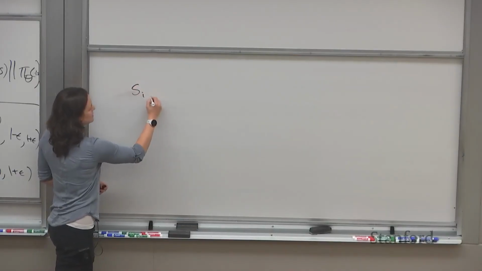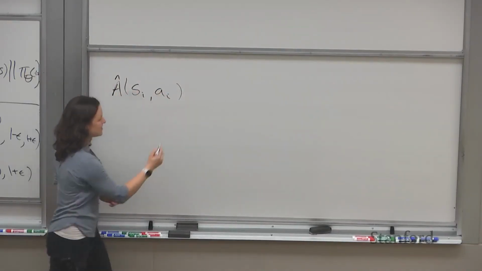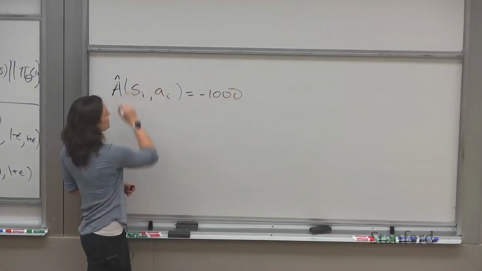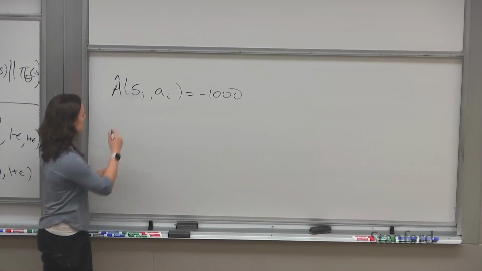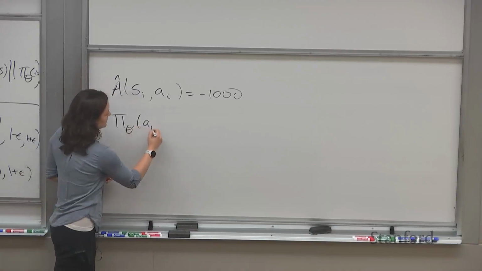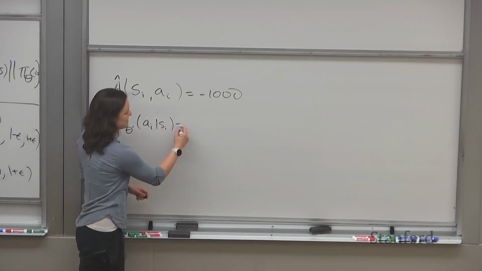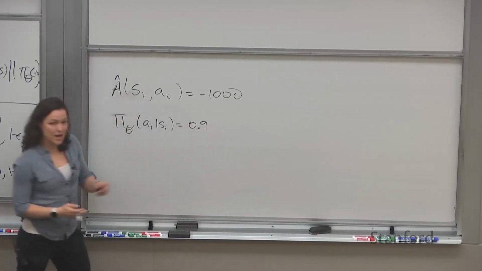And so I guess explicitly, say you have a particular state and action pair where the advantage is like -1,000 or something like that. So something really large. And say that your new policy for this state and action decided to give it a probability of like 0.9 or something very high.